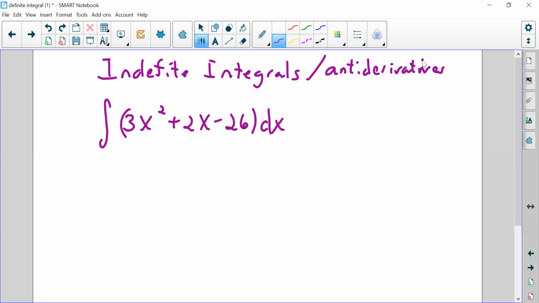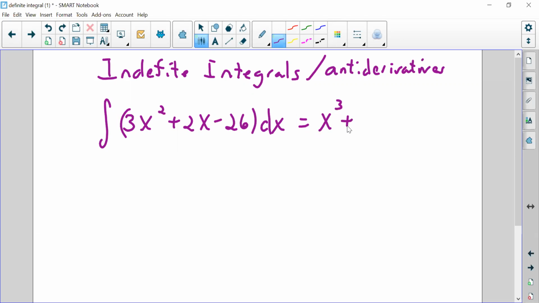So notice that the indefinite integral doesn't have numbers. They don't have an upper bound and a lower bound. That's how you determine the difference. And so your answer is going to be an equation. So what is the antiderivative of 3x squared? That is x cubed, because it becomes 3x cubed over 3, and the 3's cancel out.